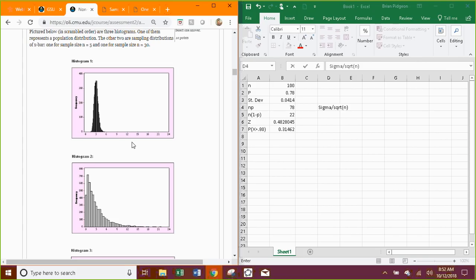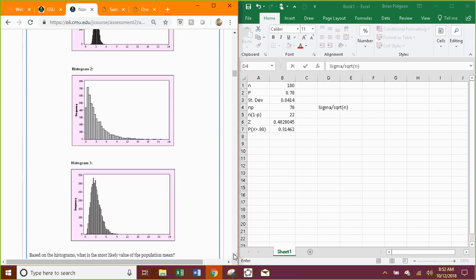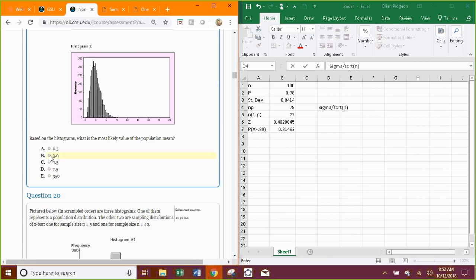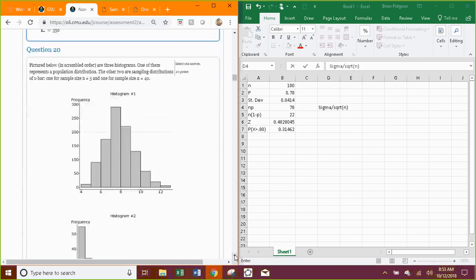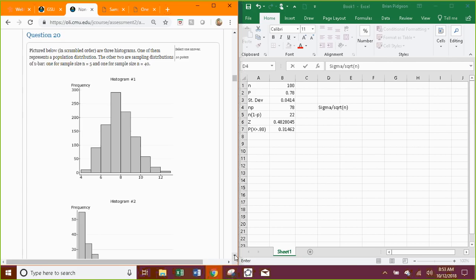Think about the central limit theorem: n equals 30 tells us it's going to be approximately normal. What is the mean of this distribution? 3. The mean of the sampling distribution and the mean of the population are the same, so it looks to be about 3. This one's also centered at 3, just a little more varied, and emulates the population more than the other one.